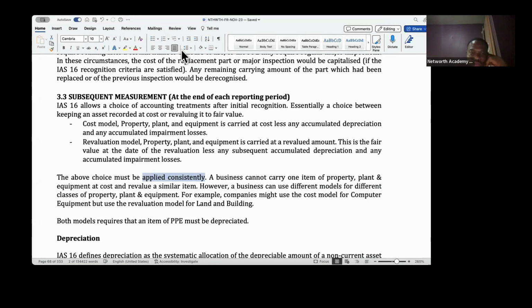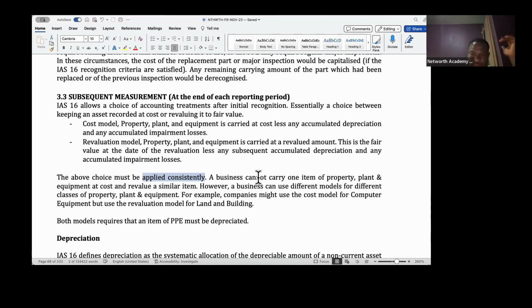It doesn't work like that. For this subsequent measurement, when you choose one, that is the one you have to continue to use. Either you're using cost model or you are using revaluation model.